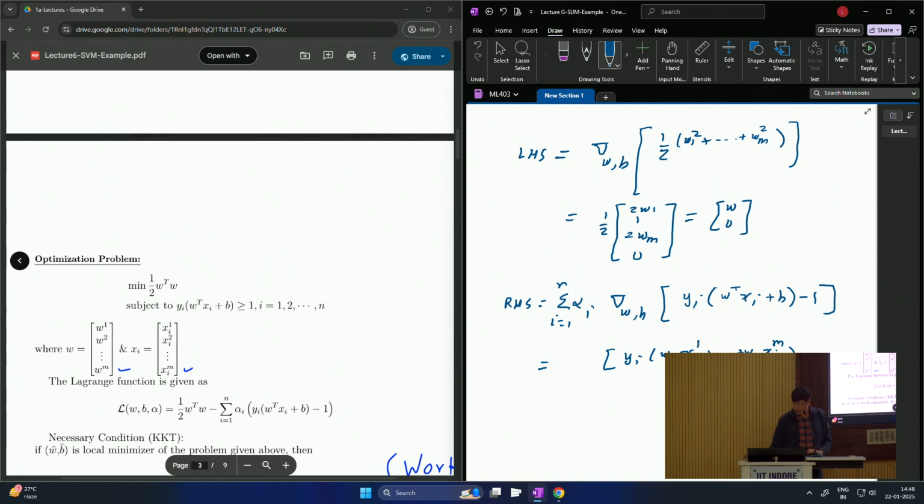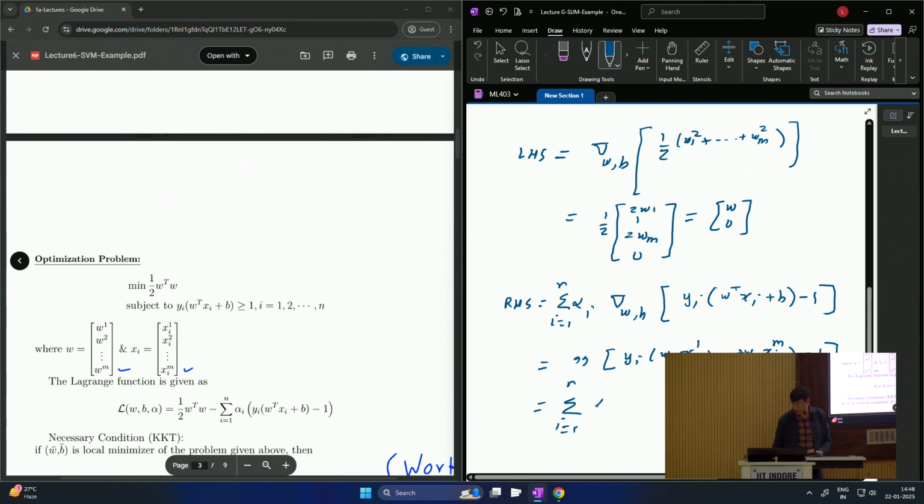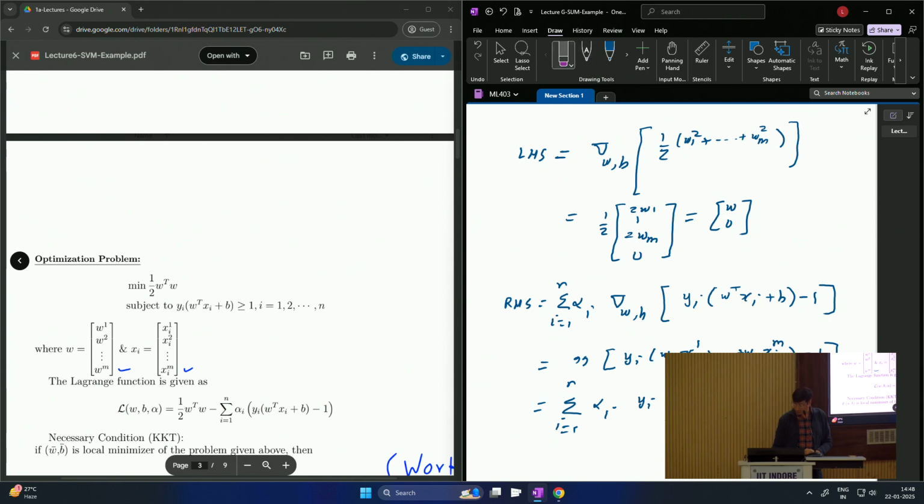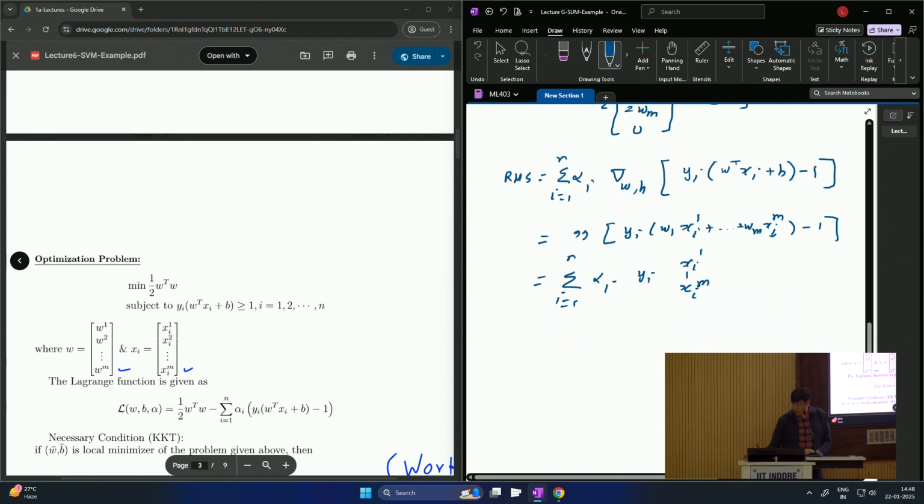And this minus 1, this will be same. Now when you do this, you will get summation I going from 1 to n, alpha I will differentiate, so I will get yi, and then I would get xi1 through xim. This will be with respect to w. When I differentiate with respect to b, what will happen?